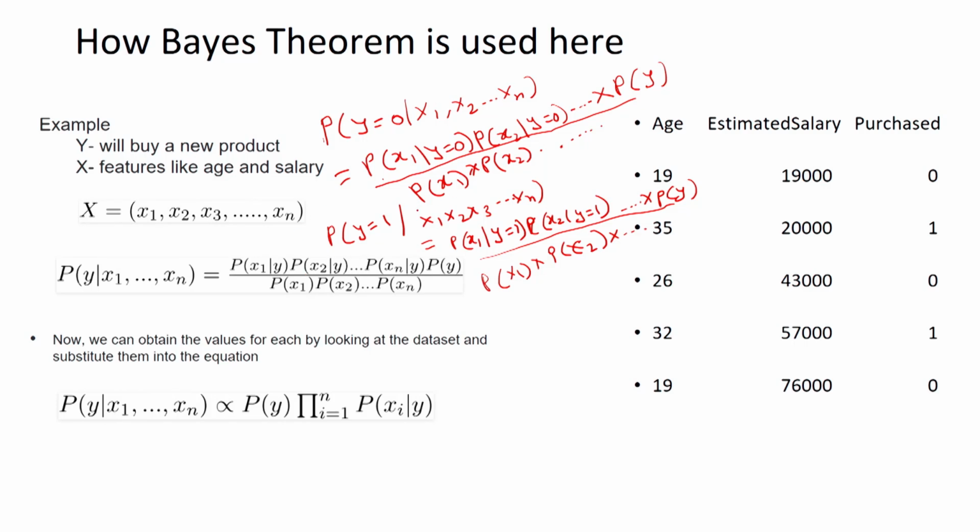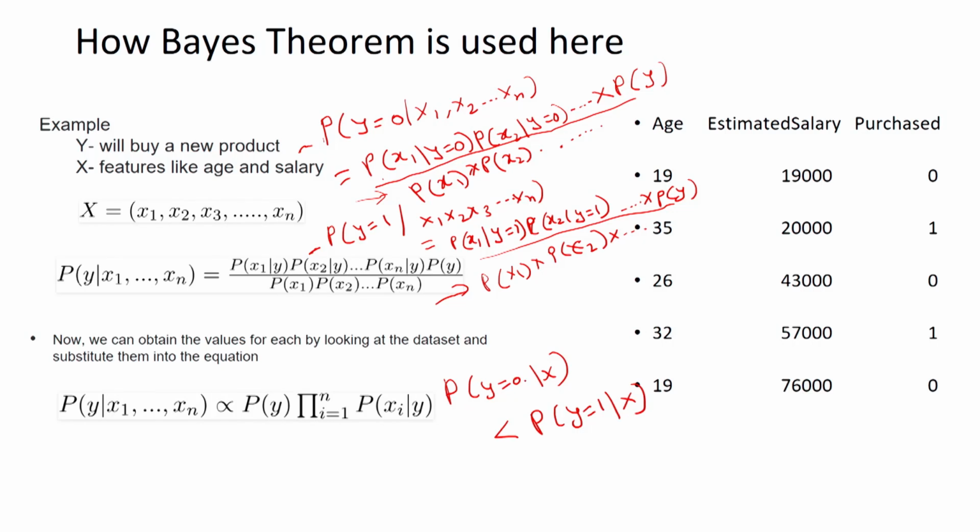So, we can see that the denominator in both of these two cases is the same. When we are trying to calculate this probability and this probability, only the numerator decides the difference between these two. The denominator is the same. So, we can leave the denominator, calculate only the numerator, and based on that find out whether probability of y is equal to 0 given x is less than probability of y is equal to 1 given x, or the opposite is the case.